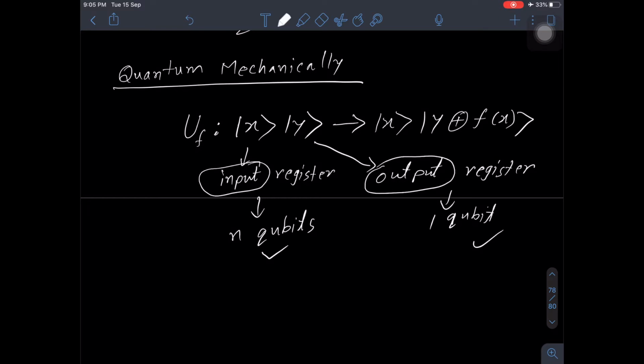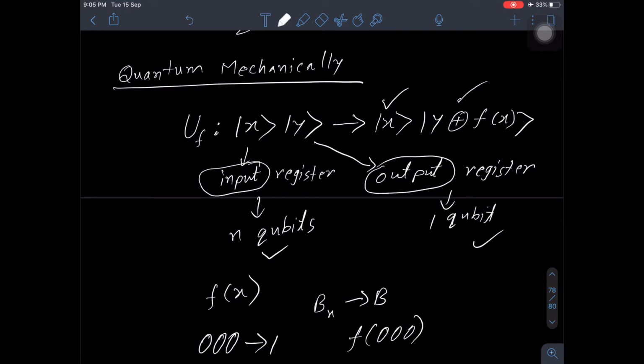All right, and what it does is that it keeps x as it is but changes y. So what is f of x here? F of x is the map, right? Because you give it some Bn, it will map you to some B, right? So let's say from the example, 0 0 0 is mapped to 1. Then f of 0 0 0 is actually 1.